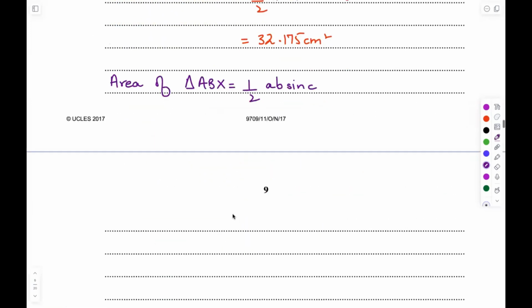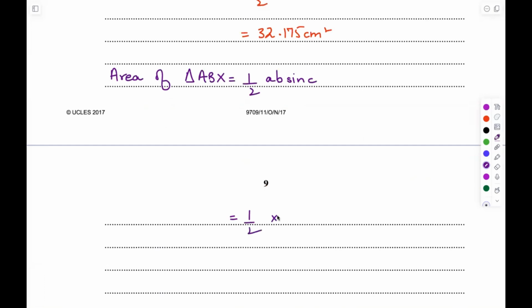So this will be equal to 1 upon 2 into 10 into 8 into sine of 0.6435. So 80 multiplied by sine of 0.6435 and then dividing this answer by 2. This will be equal to 23.99 centimeter squared. So the area of the triangle is 23.99 centimeters squared.